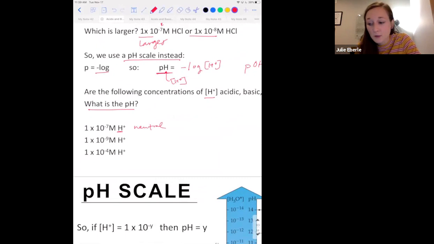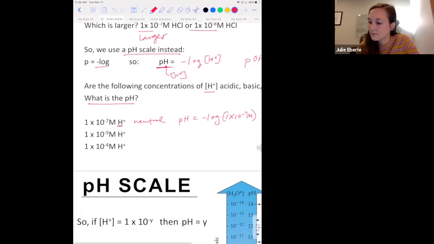Now, what is the pH? We're just going to do pH equals the negative log of 1 × 10⁻⁷. Plug that into your calculator: negative log of 10⁻⁷. What did you get? 7.